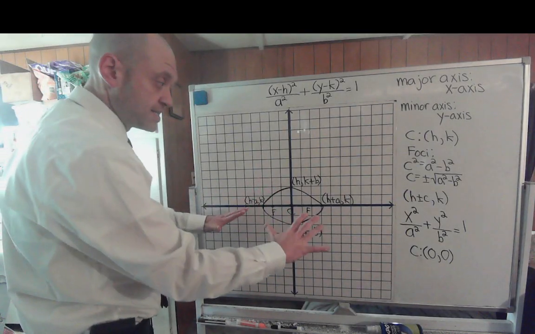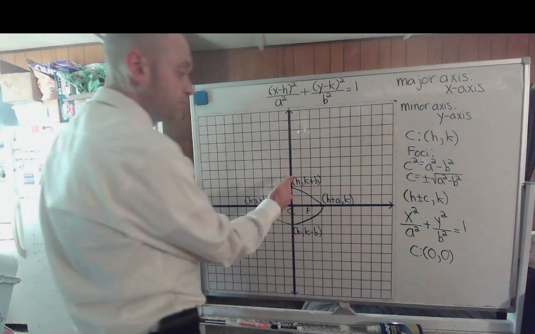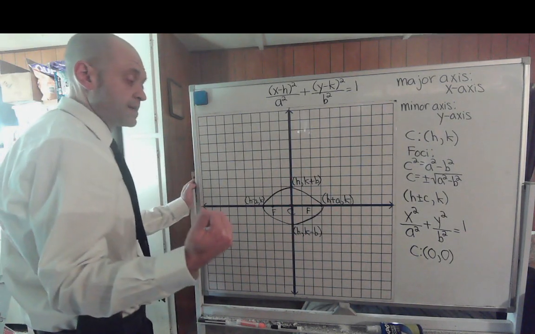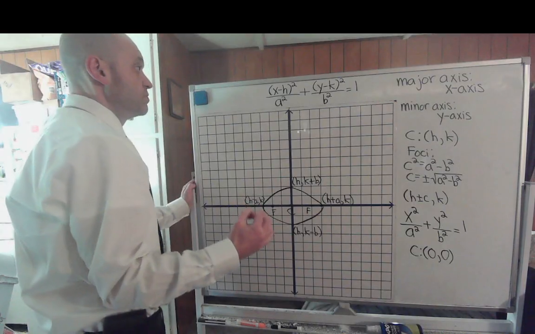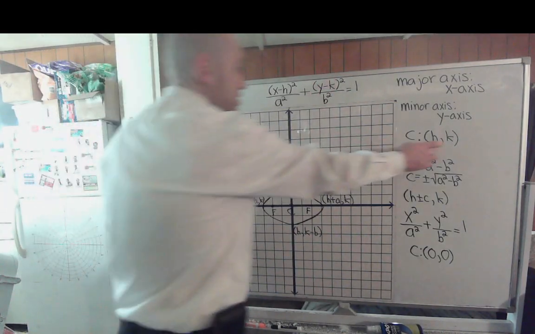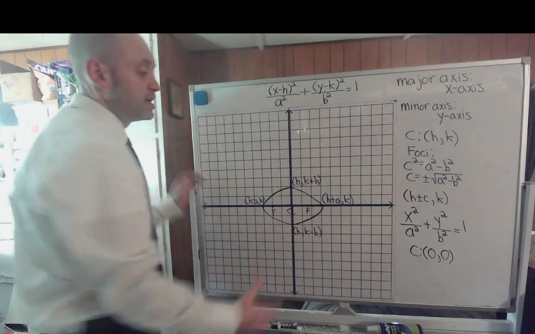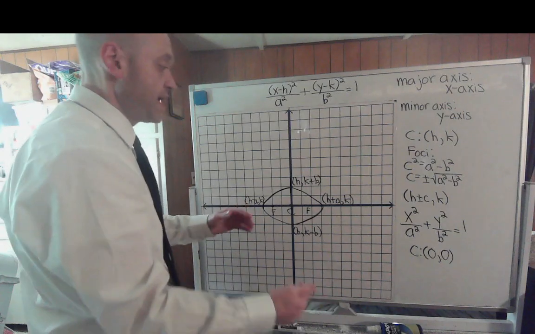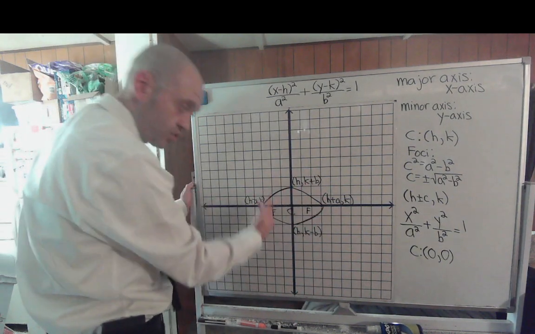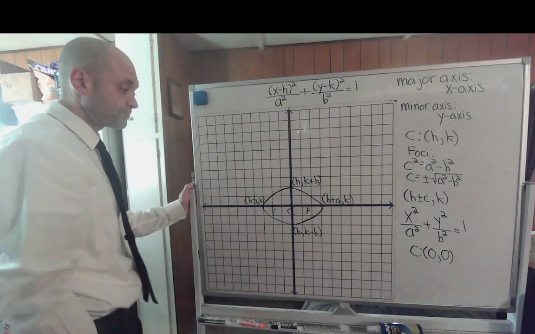Those would be your x endpoints, and to get your y endpoints for the minor axis, you take the y coordinate of your center, first add b to that, and then subtract b, and then you'll have the endpoints of your minor axis, and then you can draw your elliptical shape.